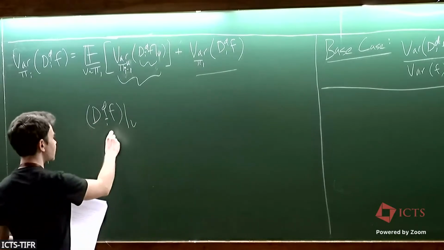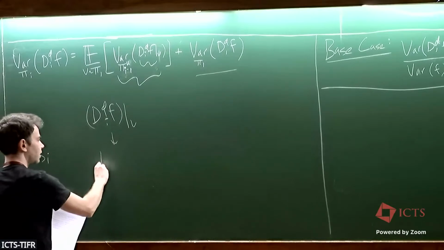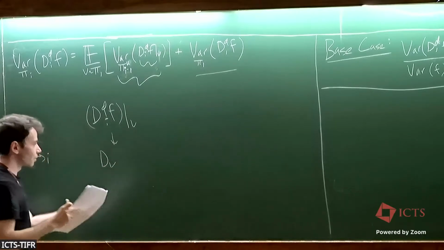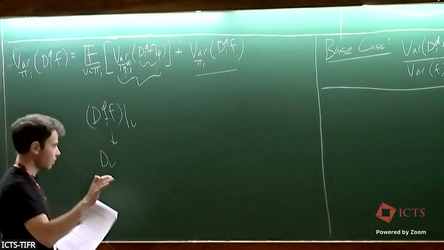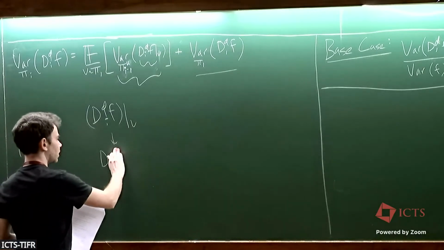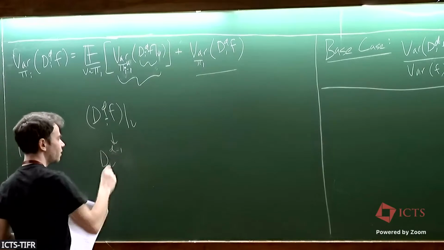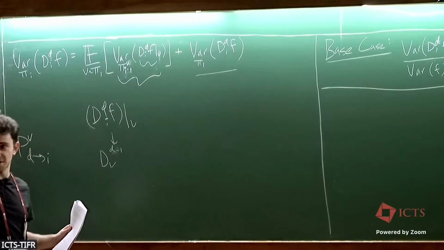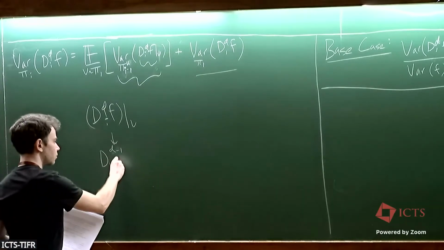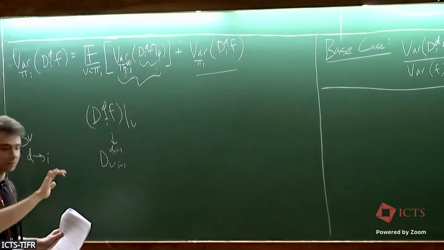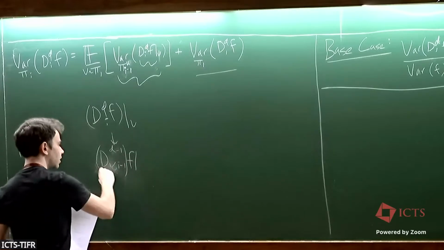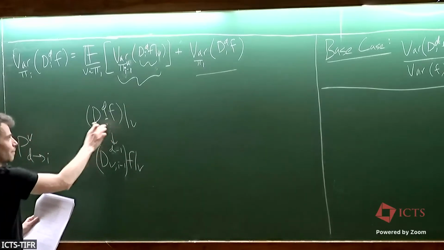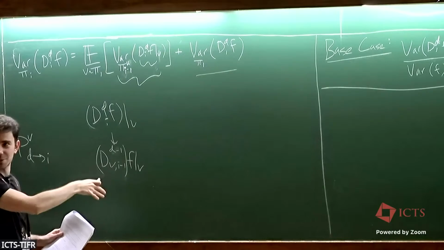We want something that looks like the down operator defined on the link of V itself, the local down operator from level D minus 1, a complex of one lower dimension, to I minus 1, so everything shifts down by 1, applied to F restricted to V. So the parentheses are in the wrong place to apply this.